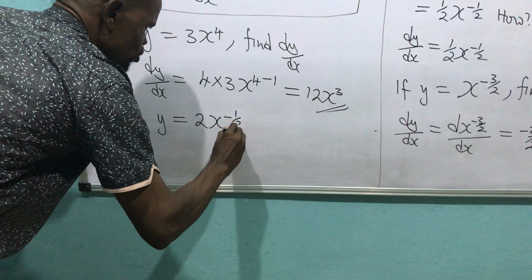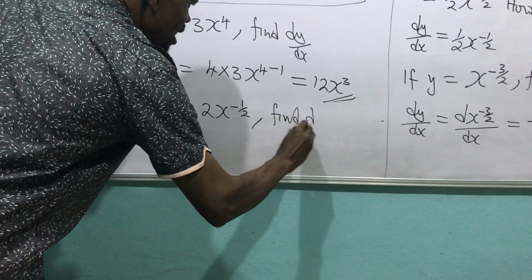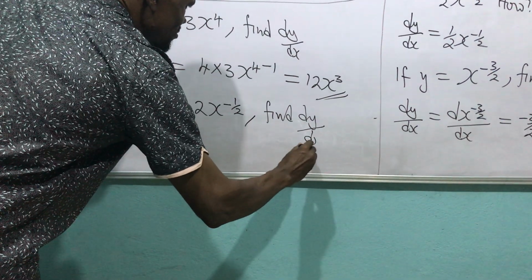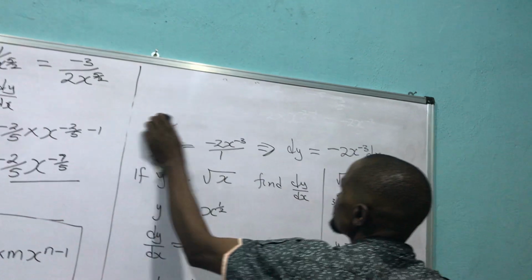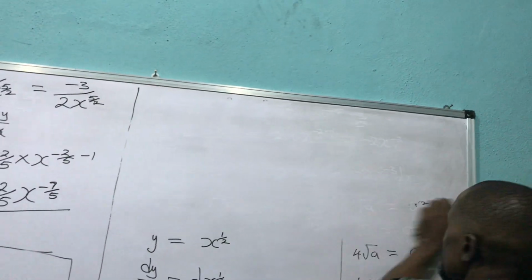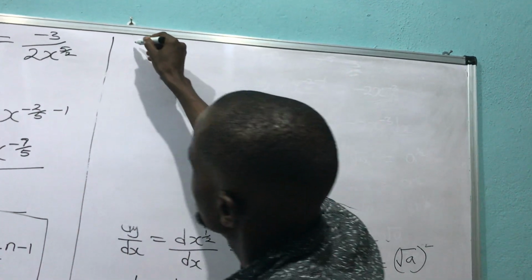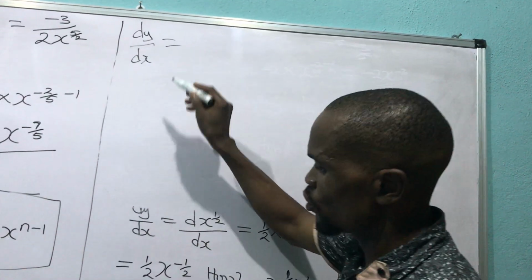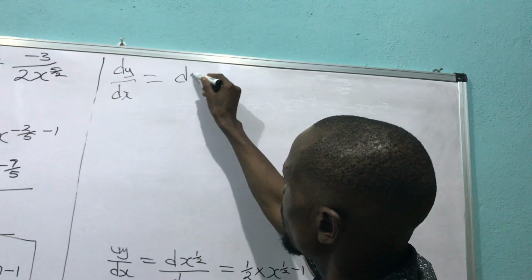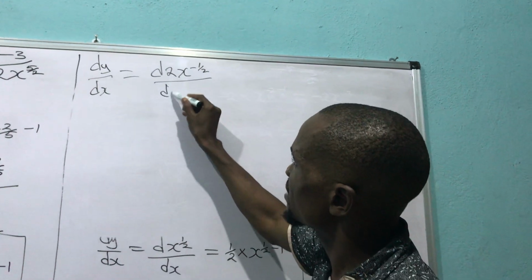Then another example. If y is equal to 2 x raised to the power minus 1 over 2, we are asked to find dy dx. We can simply complete it over here by saying that my dy dx is equal to d of 2 x raised to the power minus 1 over 2 all over dx.